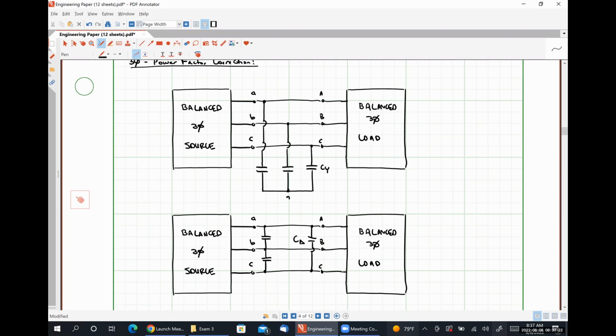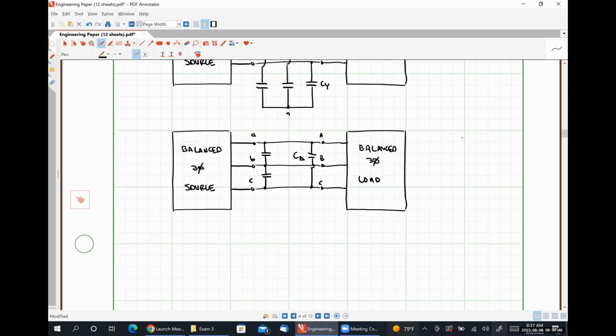Okay. Now, the math behind three-phase power factor correction is literally the exact same thing as the math behind single-phase power factor correction, except for one very specific caveat. So in single-phase power factor correction, let me write this down.